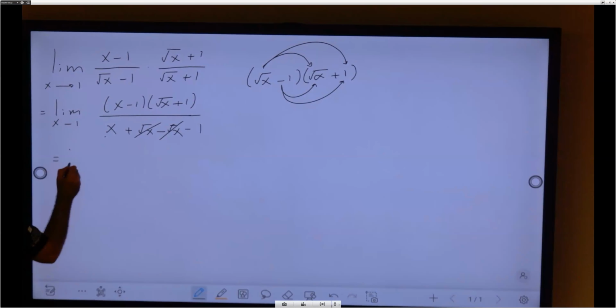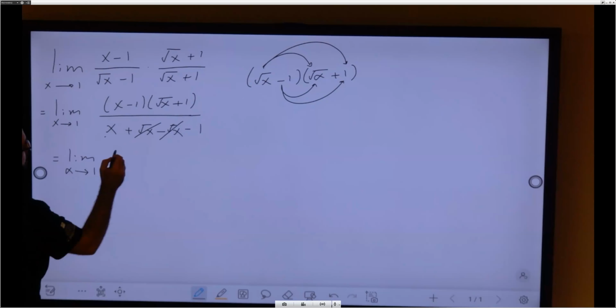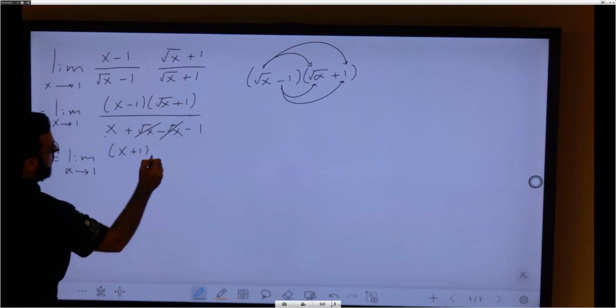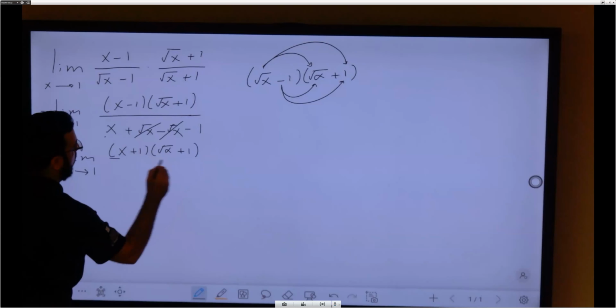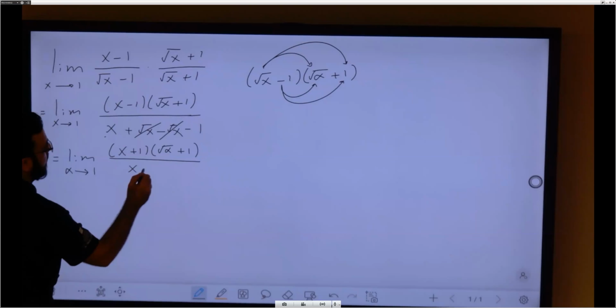That means it's going to be the limit as x approaches 1 of square root of x plus 1, over x minus 1.